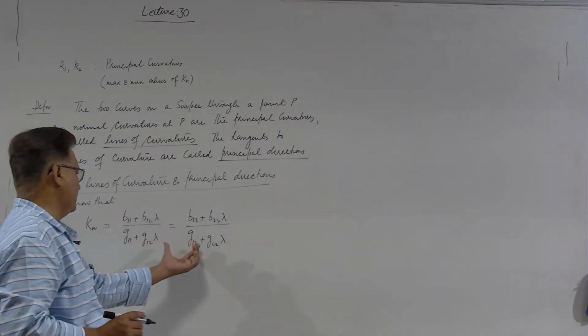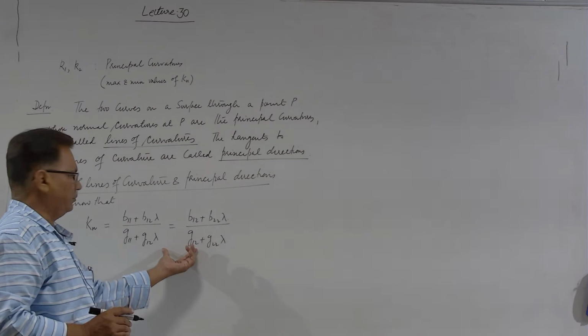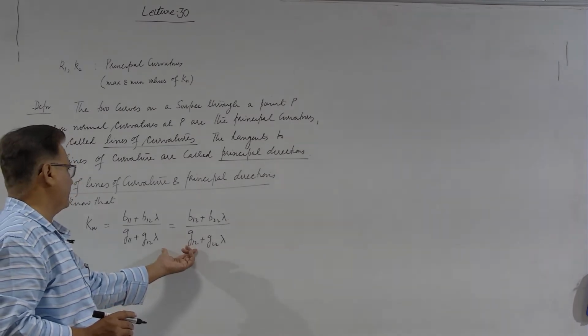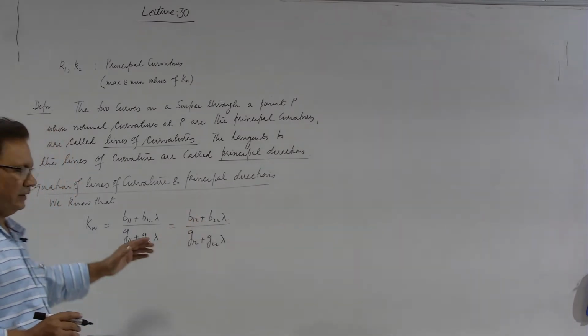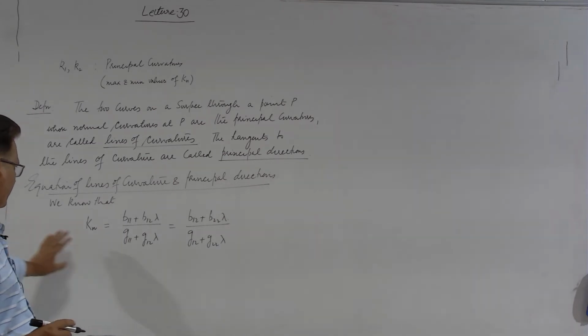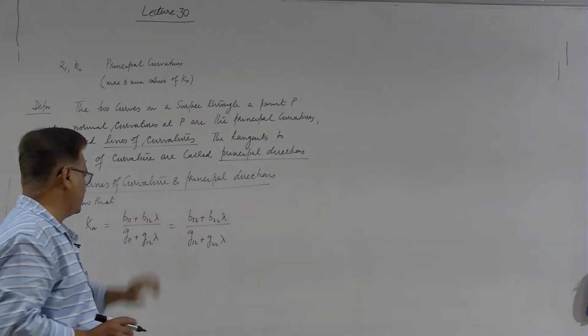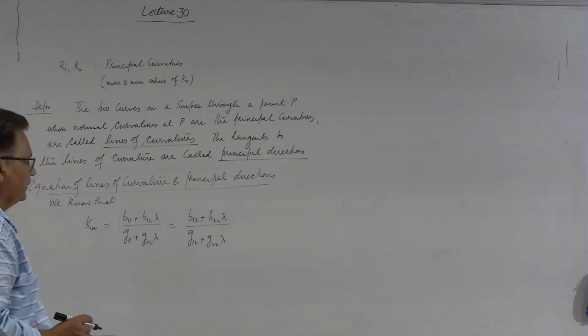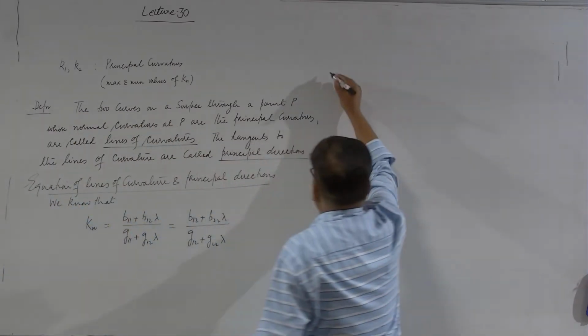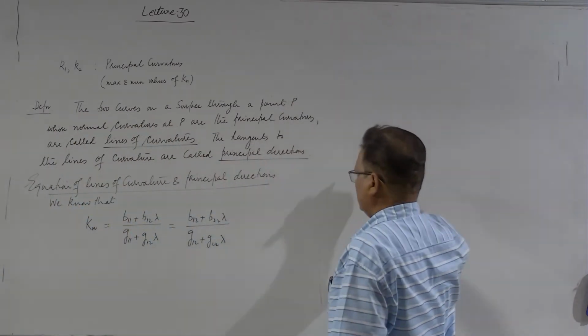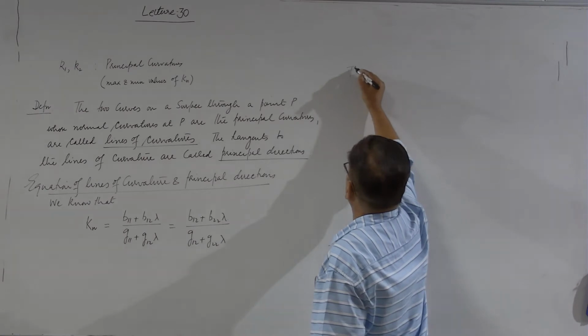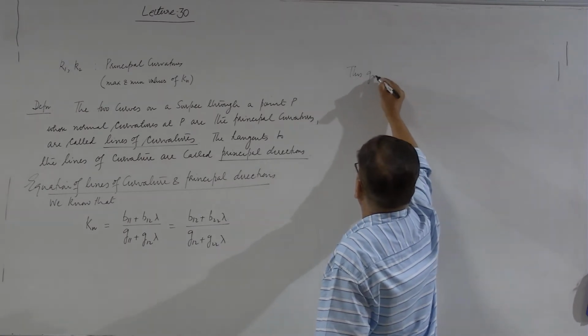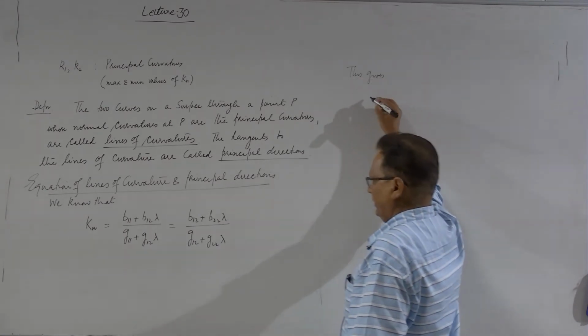If you consider the cross product of these two terms, you will get an expression in terms of lambda. You keep Kn away, just look at these two values of Kn. So, this gives the following.